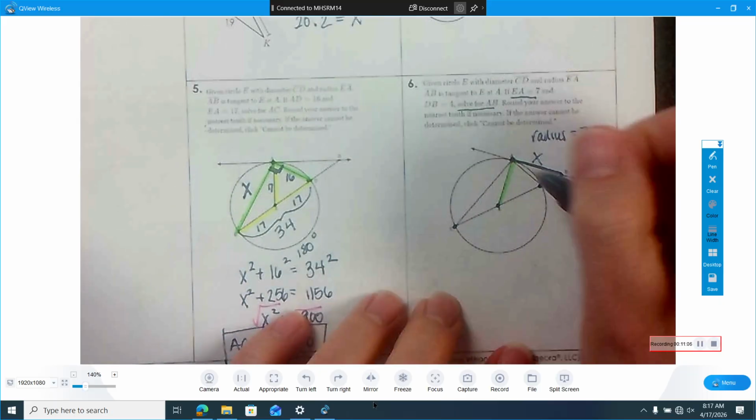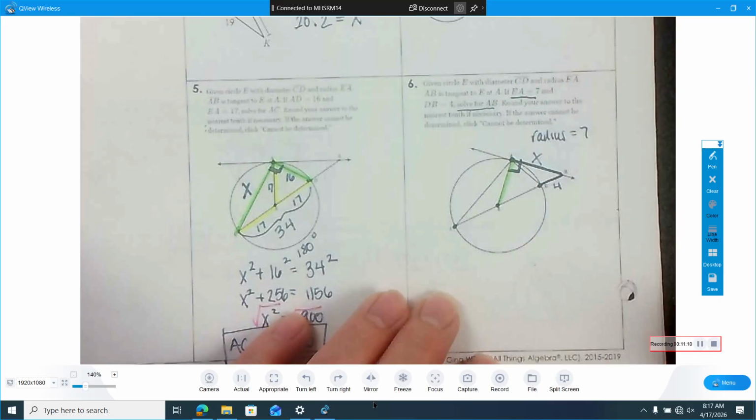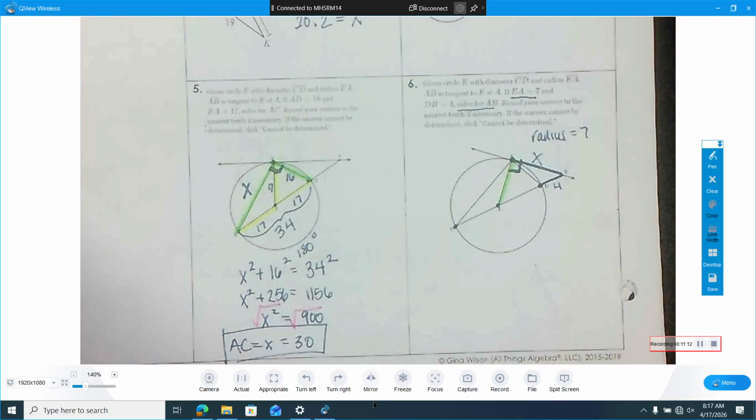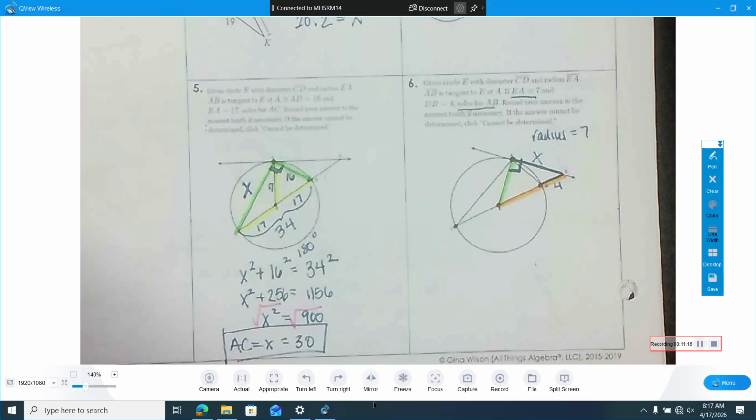There's a 90-degree angle right there. So we have another 90-degree angle, and again another right triangle. So these two problems are about recognizing where the right angles are.